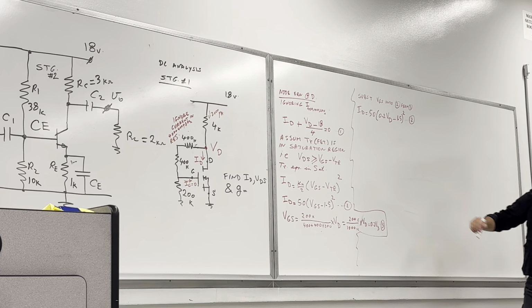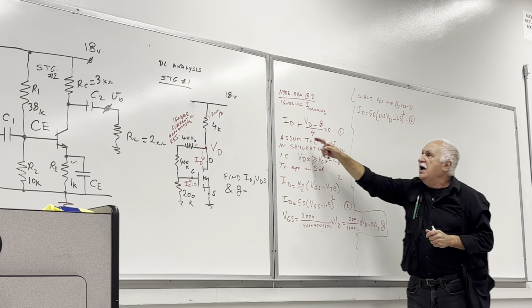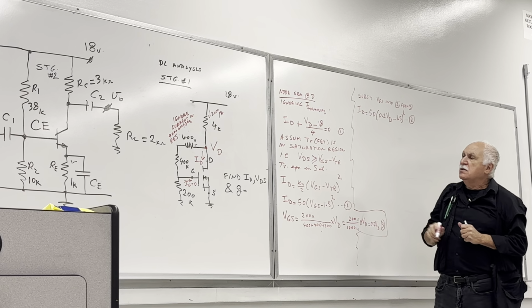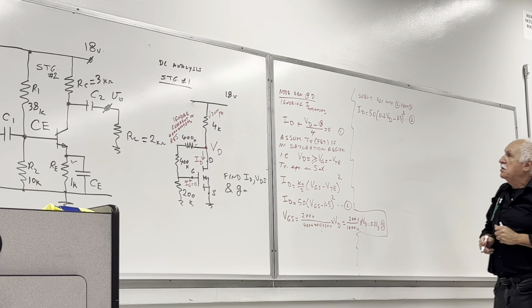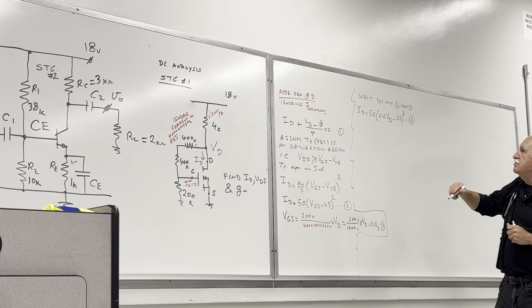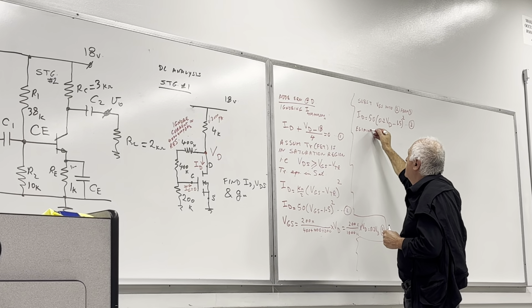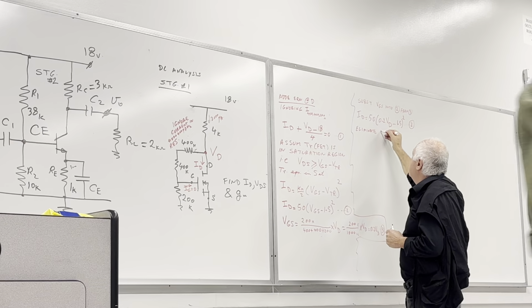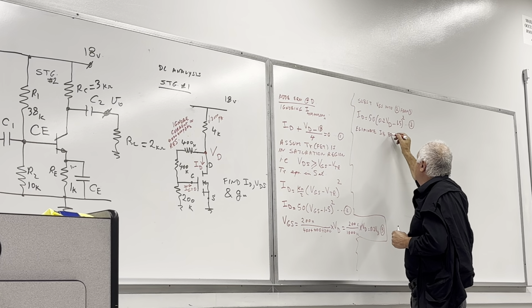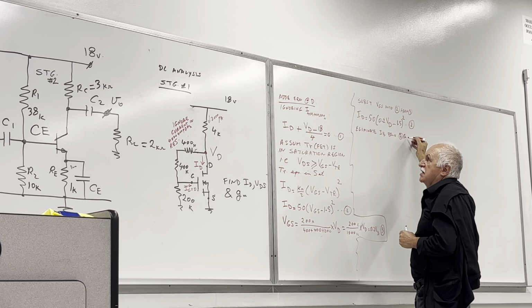So what we have is ID equal to that, and ID plus VD is equal to this. So we will eliminate, for example, ID between 2 and 1.